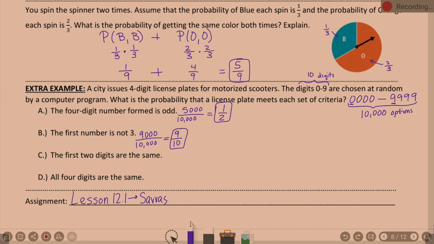The first 2 digits are the same. So now you're looking at these first 2 digits being the same. How many times could that happen? Here's a couple different ways you can think about it. I thought of it as, okay, a 2-digit number is basically like from 1 to 100, yes?